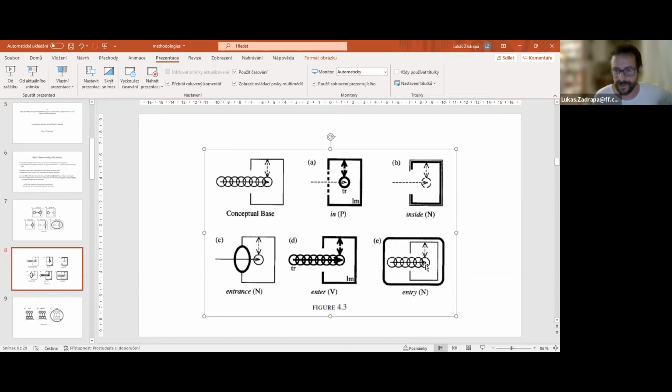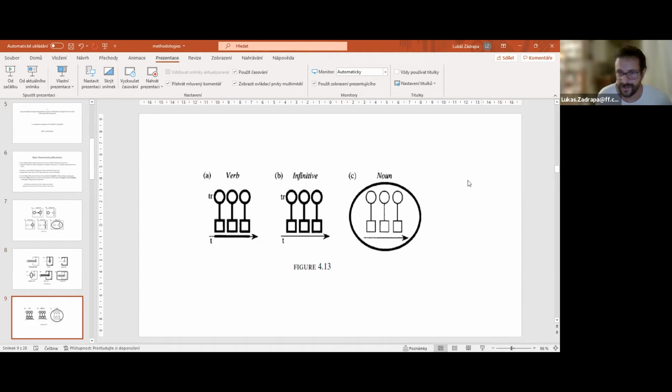And then we have this entry, which is this kind of nominalization, this action noun, where the whole process is nominalized as one strange thing, which we can again count, for example, or measure and so on, which is the most abstract kind of nominalization. And all these nominalizations, entrance, entry, chooser, and so on, we should sort them out, not take them as the same thing.